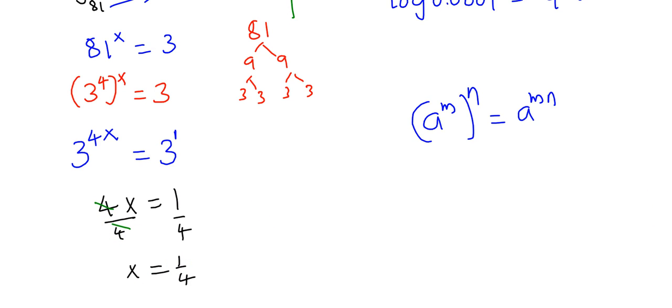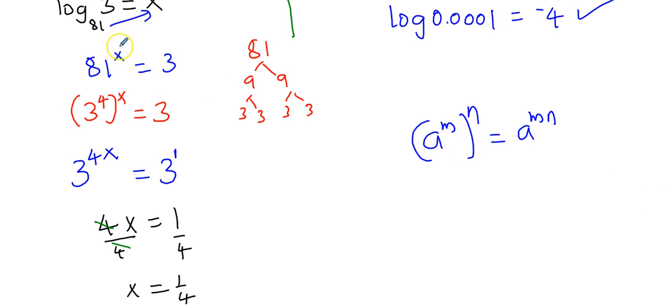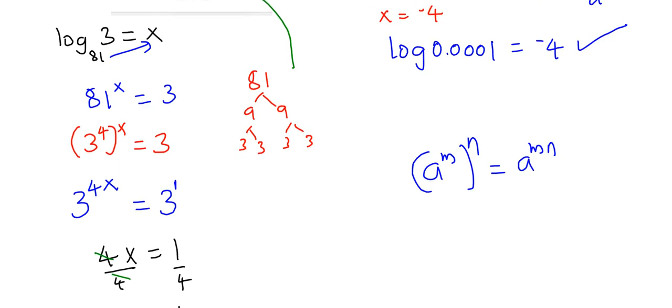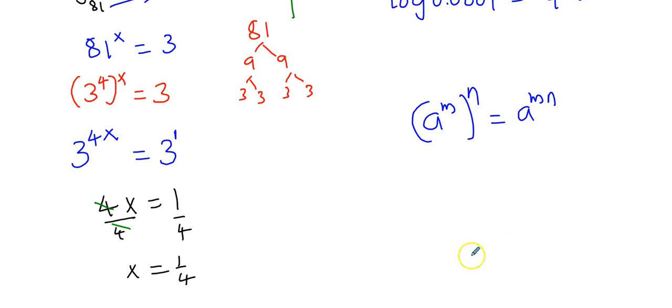That is, log base 81 of 3 is equal to 1/4. Log with the base 81 of 3 is equal to 1/4. That's your answer, right? Okay, thank you.